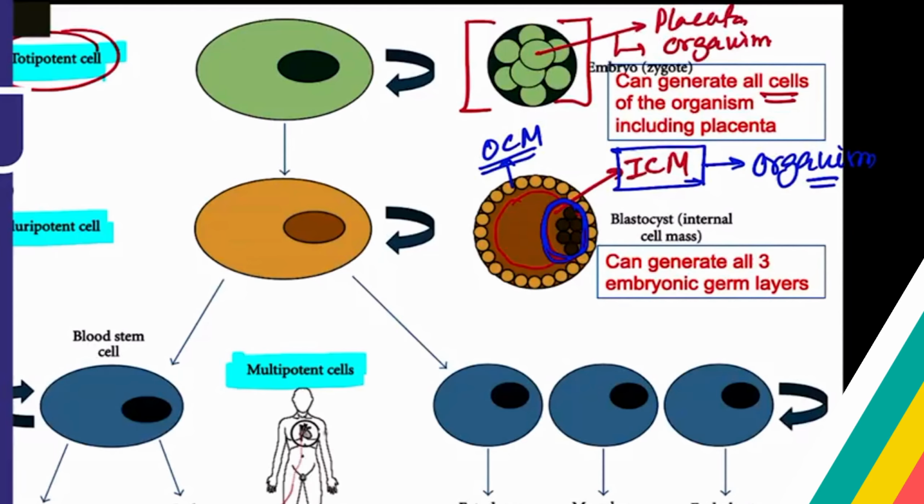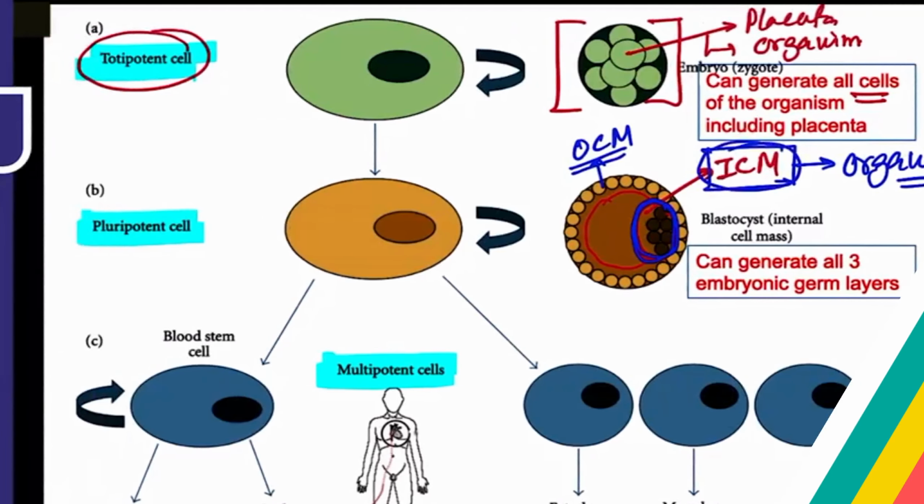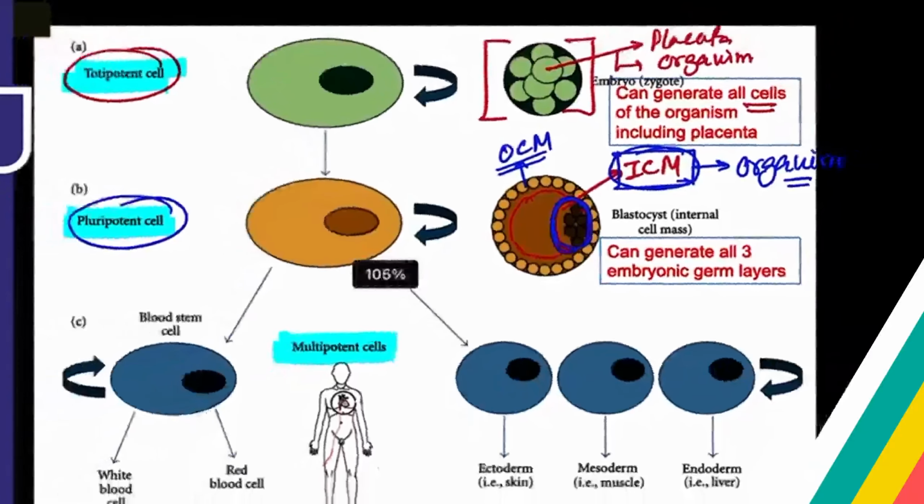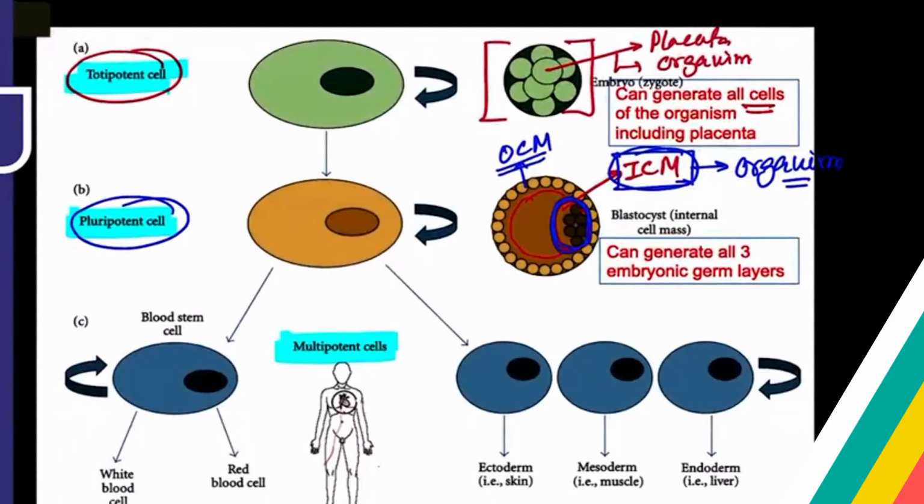This kind of cell, collected from the inner cell mass, is known as a pluripotent stem cell. It means a pluripotent stem cell can give rise to all cells of the whole organism, but not the placenta, right?